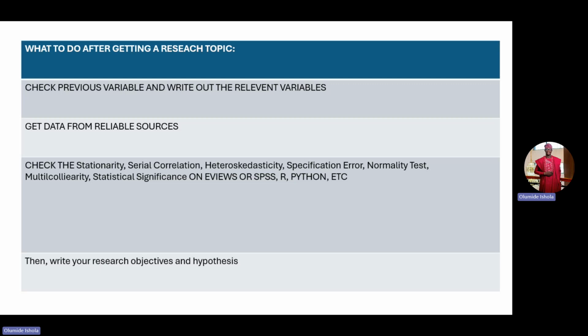Some people have done chapters 1, 2, 3, and when they get to 4, they find that their result is not complementing what they wrote in chapter 1 or 2, so they have to start adjusting. These are the things you must know.